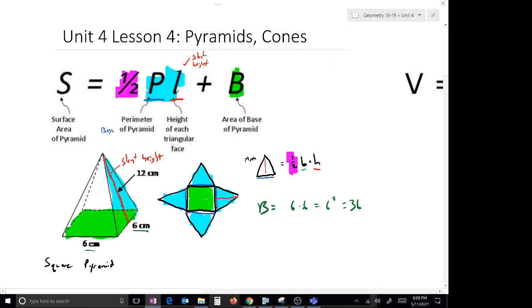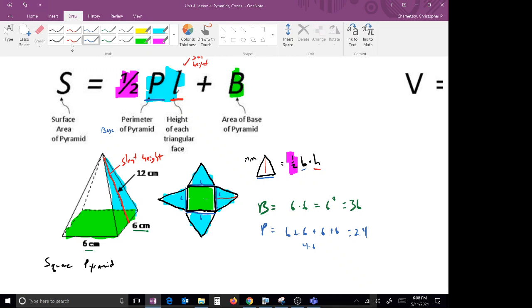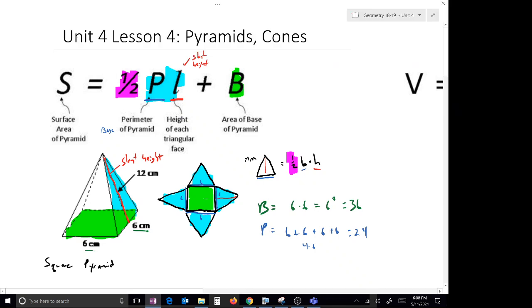The perimeter of the base: all 4 sides are 6, so 6 plus 6 plus 6 plus 6, or 4 times 6, equals 24. And then the slant height is given to us, that's just 12. So now we have all the parts.